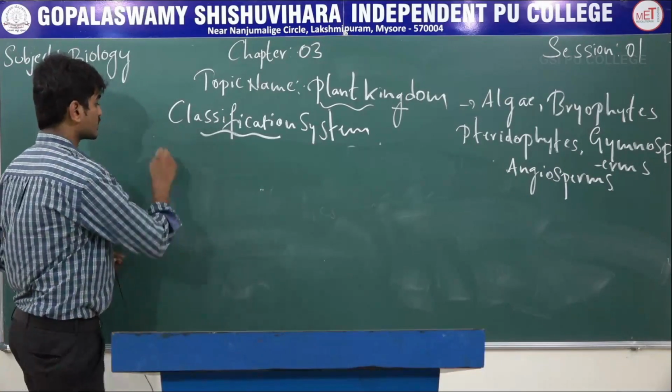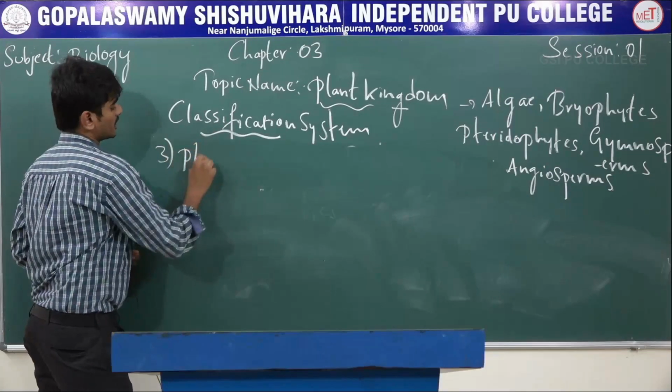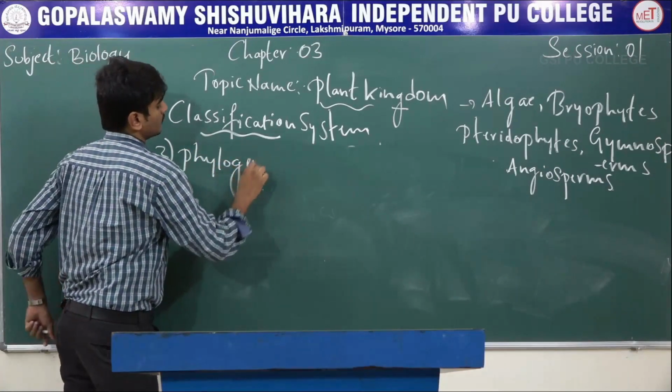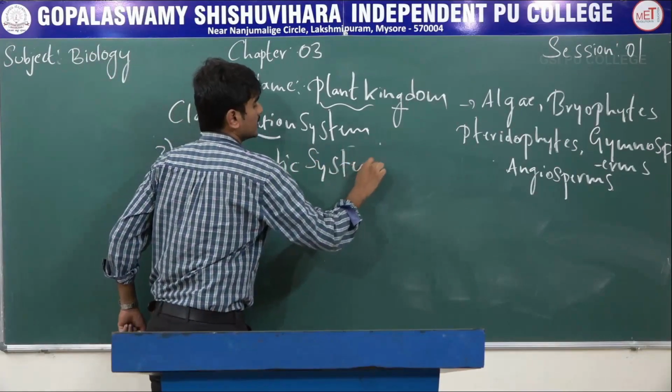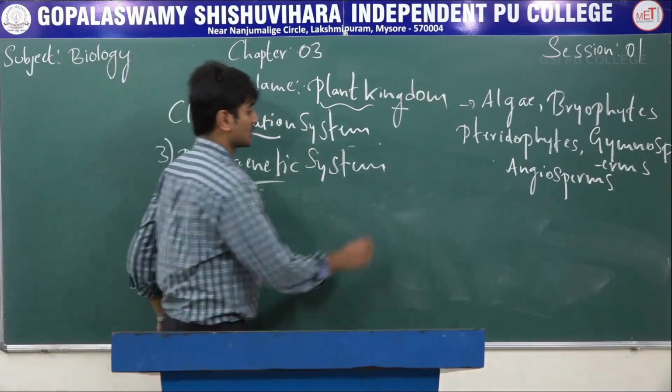The last classification is the phylogenetic system of classification. The phylogenetic system of classification was given by Engler and Frankel.